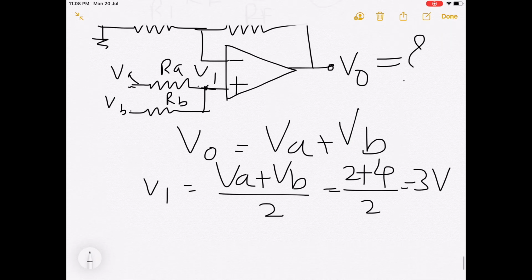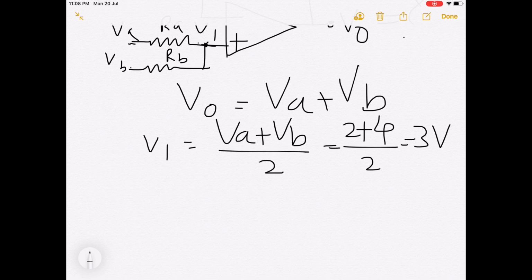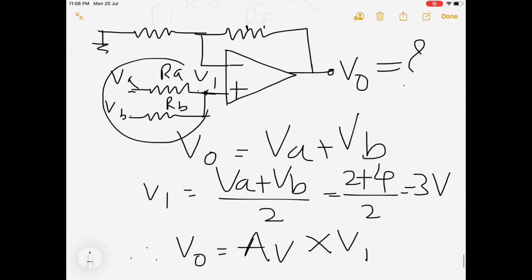So at V1, 3 volts is there. Therefore your output VO is equal to the gain of the circuit into V1, because as these two are added here, your input is at the non-inverting terminal. So this circuit becomes a non-inverting amplifier.